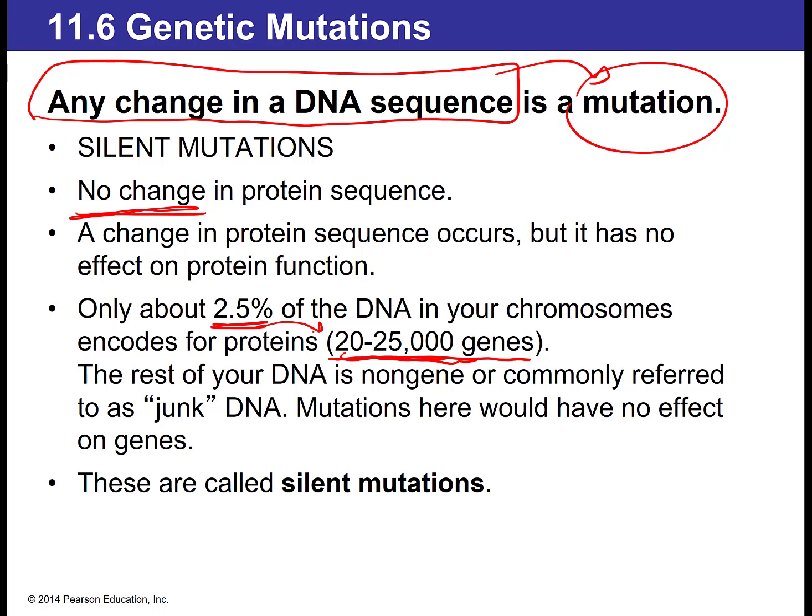So because there is this variation, DNA is much more unique to individuals than was initially thought. It means that these mutation areas in the non-gene areas just mean that we actually have more differences in our DNA than was initially thought or projected. So a silent mutation just means it's a change that doesn't affect any genes.